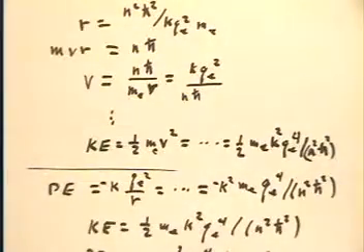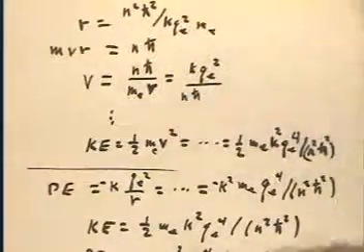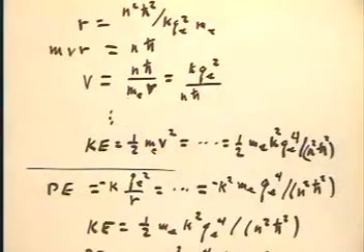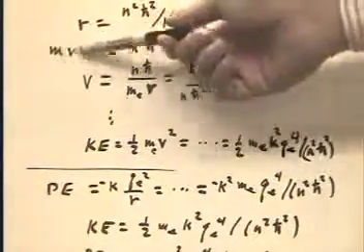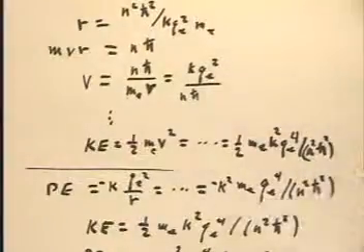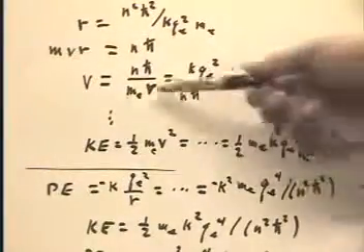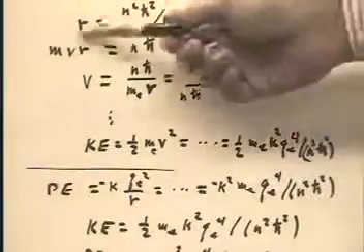Now, if r is equal to this quantity, mvr equal to this, remember we get v equal to this, and so forth. We have our expression for v, we have our expression for r.